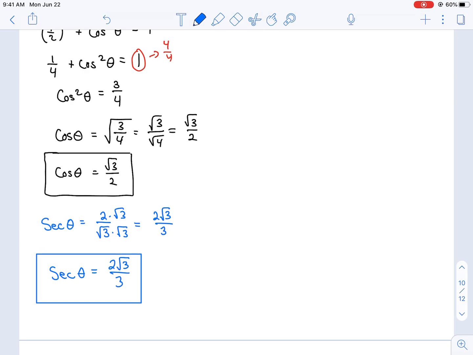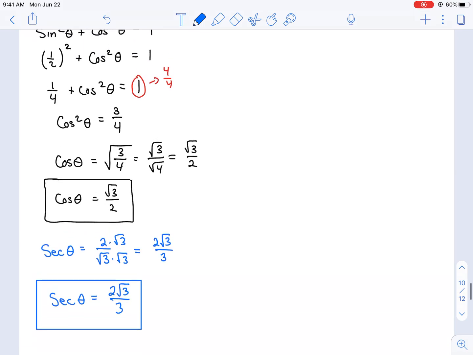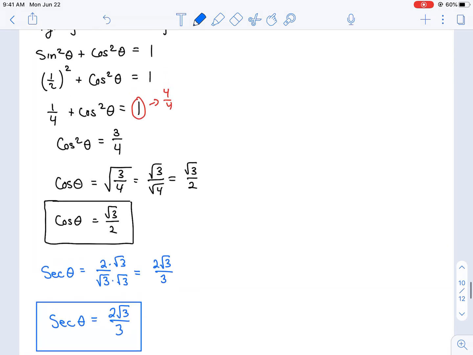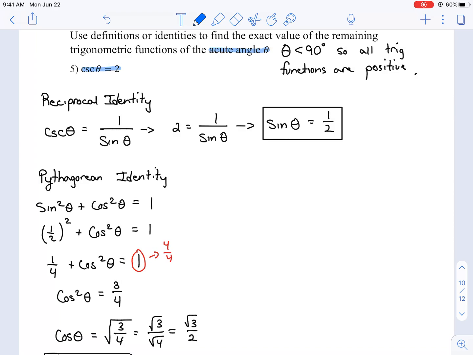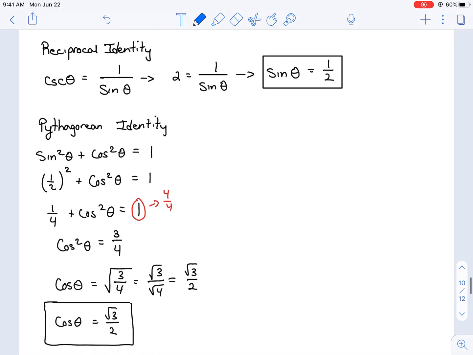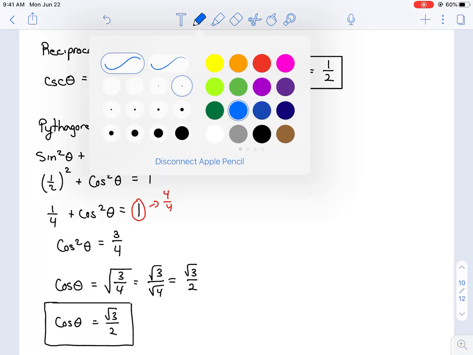And now all that's left is tangent and cotangent. We can use cosecant theta is equal to 2 to find cotangent using a Pythagorean identity. However, I'm just going to use the fact that cotangent is cosine divided by sine to find the cotangent.